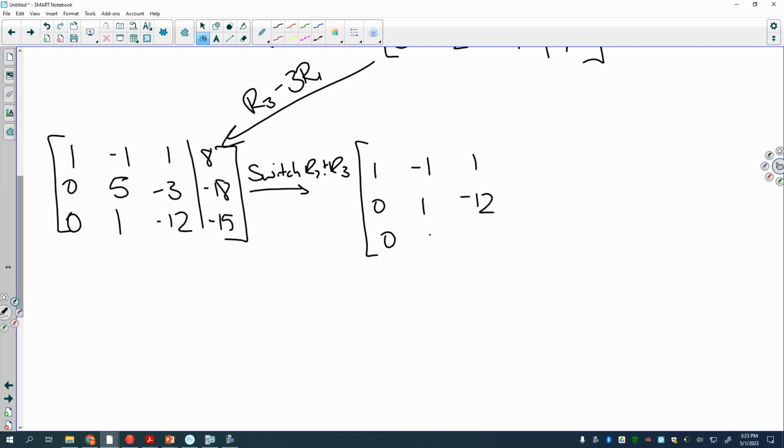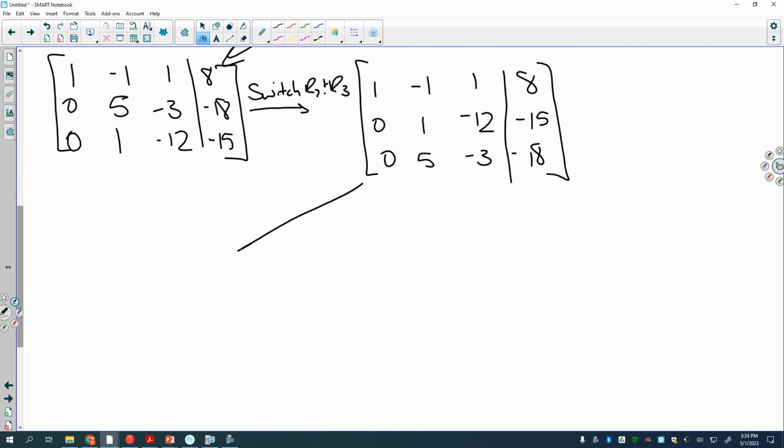That's a nice thing to be able to have. And then what I'm going to do is take row 3 minus 5 times row 2.